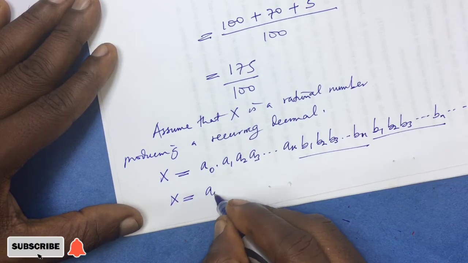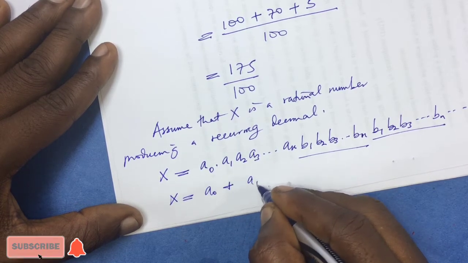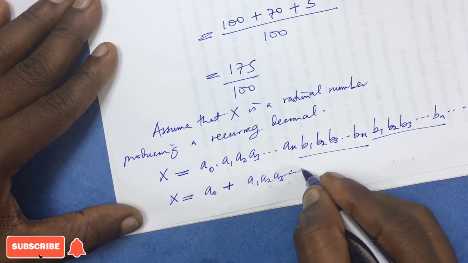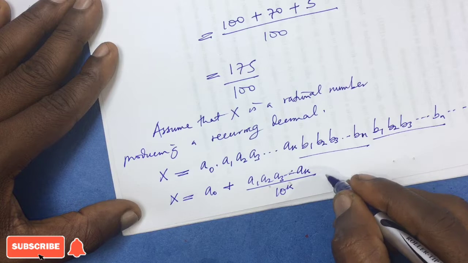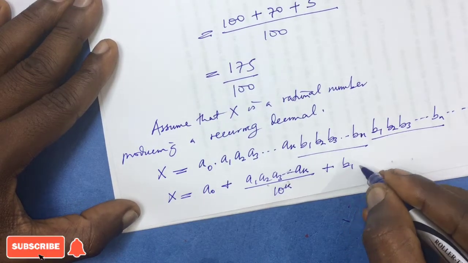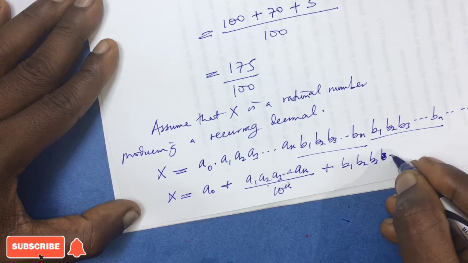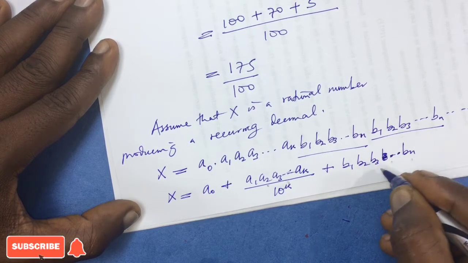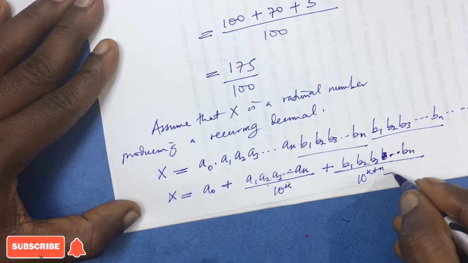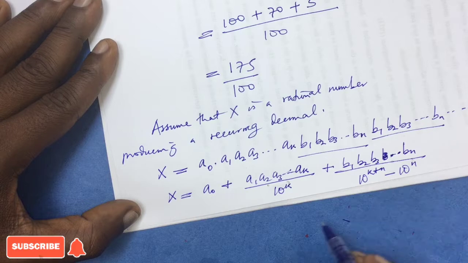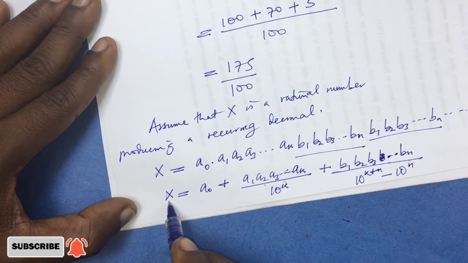You can do that by writing A0 plus A1, A2, A3 up to AK all over 10 raised to power K plus B1, B2, B3 up to BN all over 10 raised to power k plus n minus 10 raised to power n. Now, if you use this, you will end up getting the number that produced that decimal.